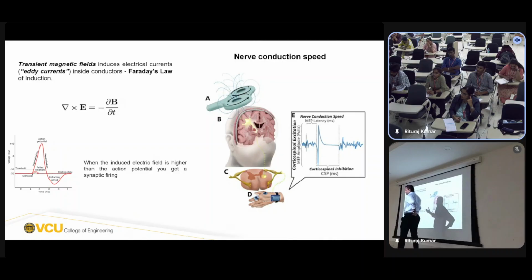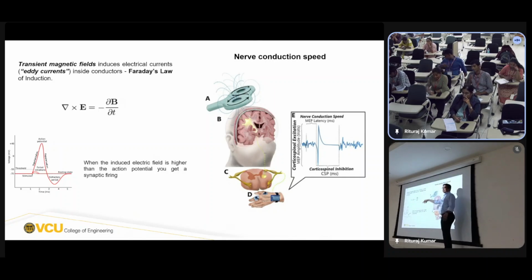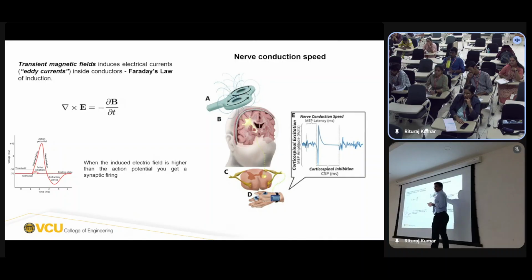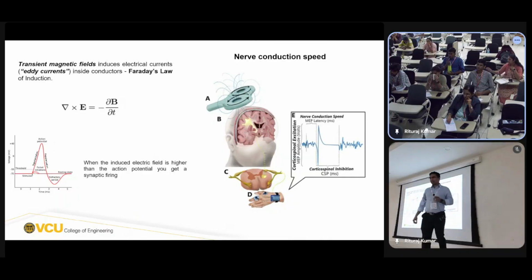TMS, transcranial magnetic stimulation. Basically, the magnetic coil has just copper windings. You send a large current. The current amplitude is 5,000 amps, but it's a very short pulse for a very short time, which is 0.4 milliseconds.